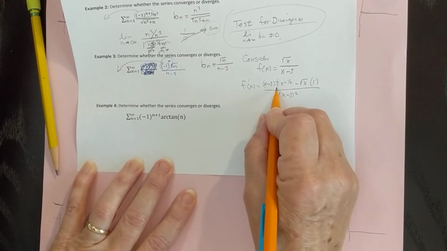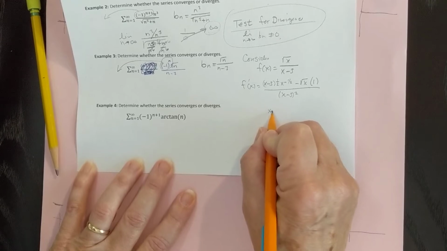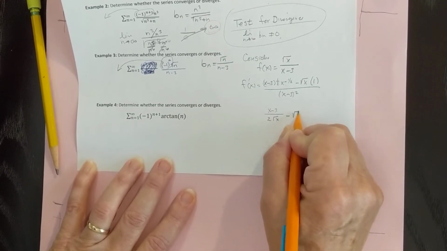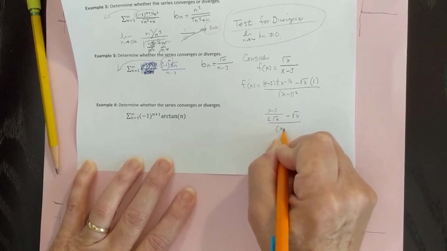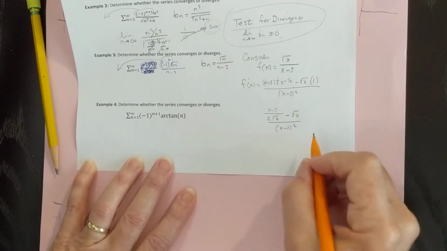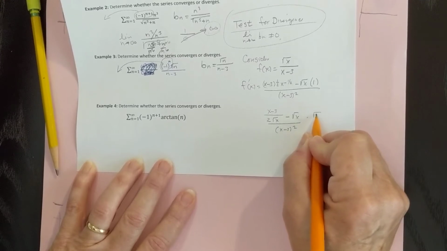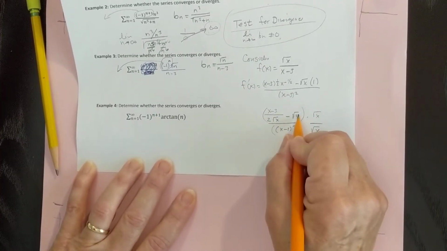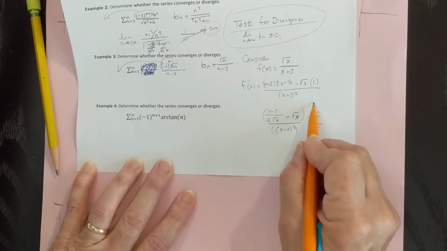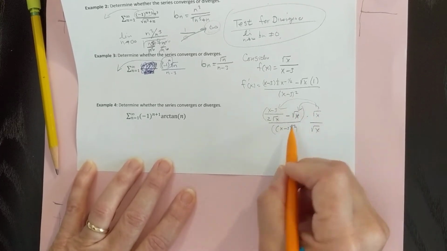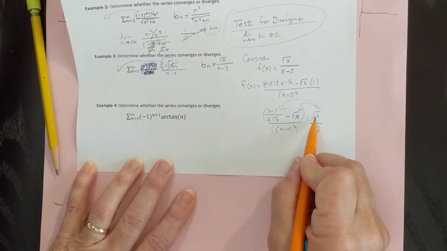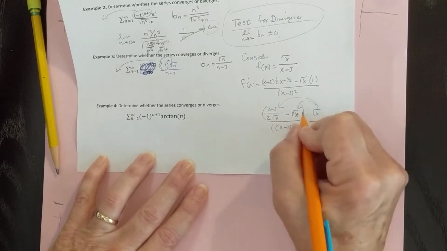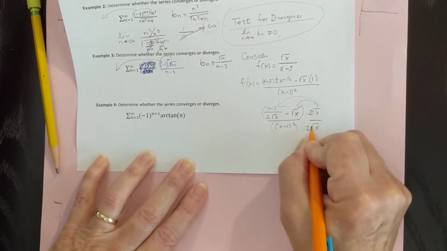This is x minus 3 over 2 times the square root of x, minus the square root of x, over x minus 3 squared. I'm going to multiply the numerator and the denominator by the square root of x to clean up my numerator. Actually, I'm going to multiply by 2 square root of x. That will make it even cleaner.